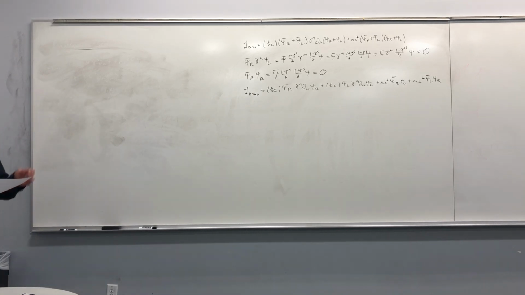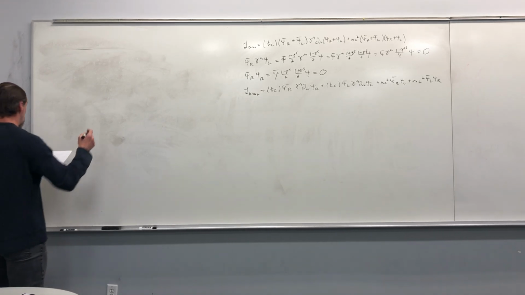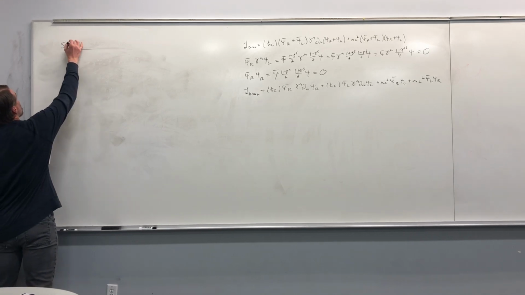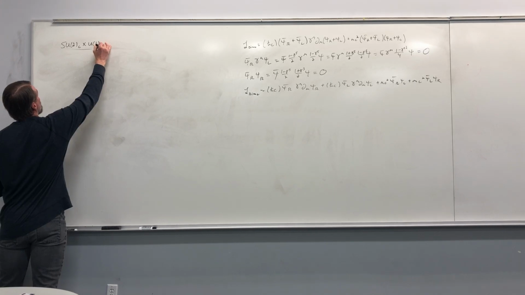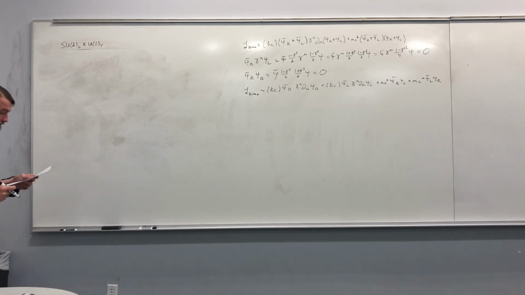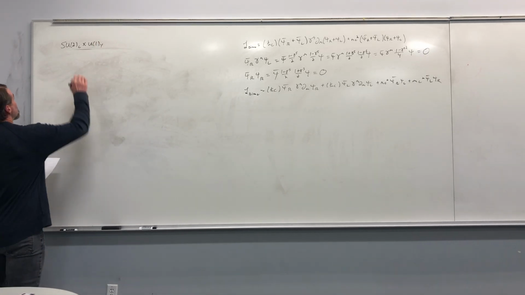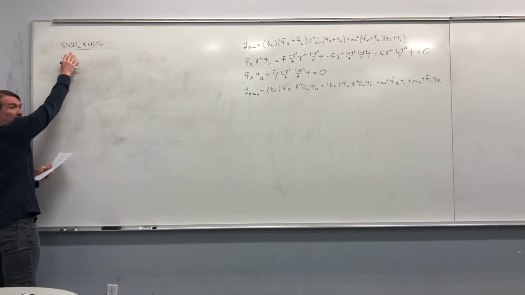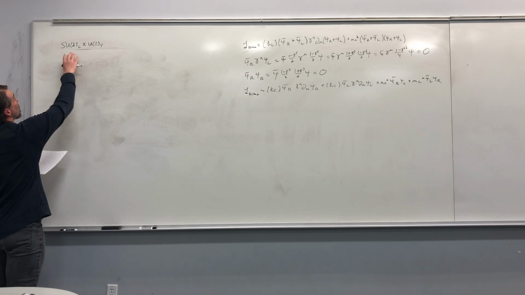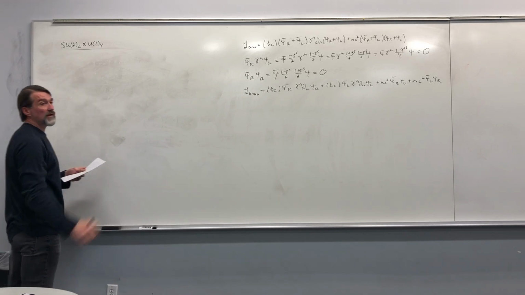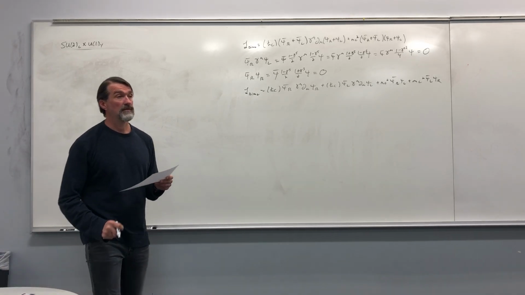Now, it's time to try and address the symmetries. Remember, our symmetry group is SU2 left cross U1 hypercharge. First of all, let's start with the SU2 left. For SU2 left, these are obviously complex 2x2 matrices.